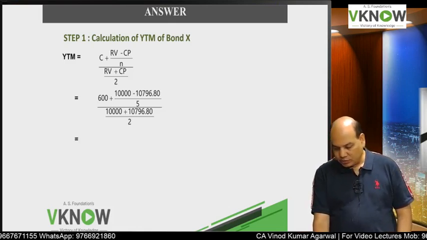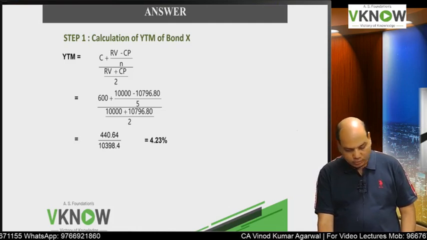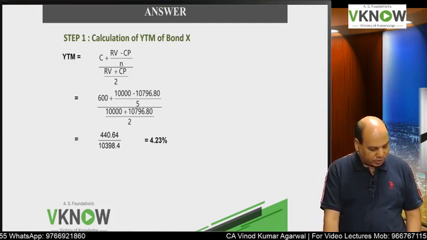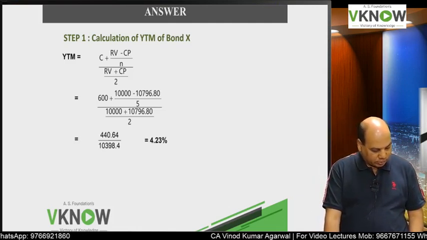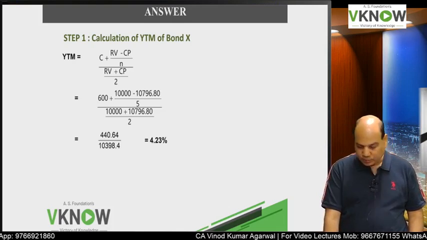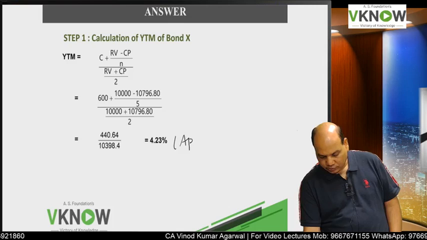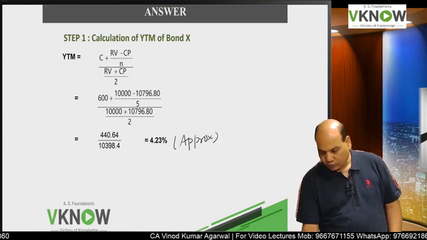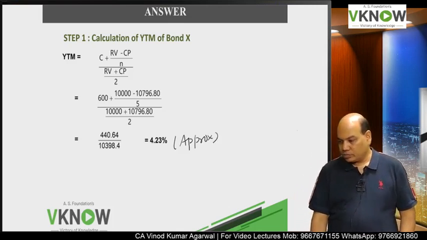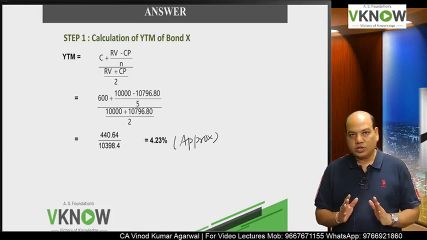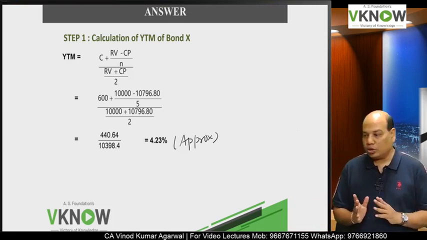So the answer is, check, 4.23% approximately. Approximately, because we are using the formula method. So the same YTM applies to bond Y also.